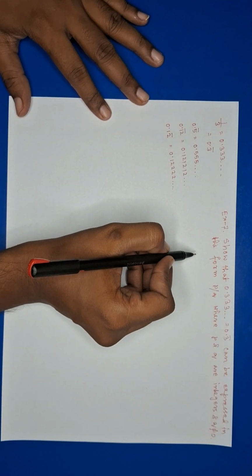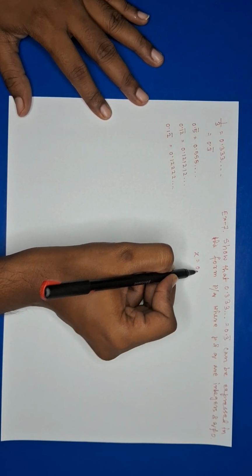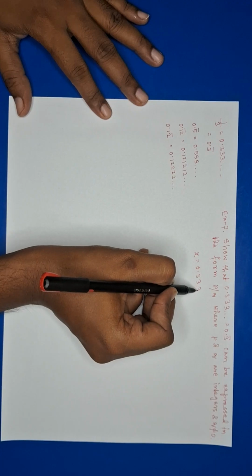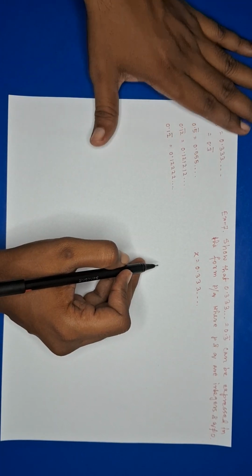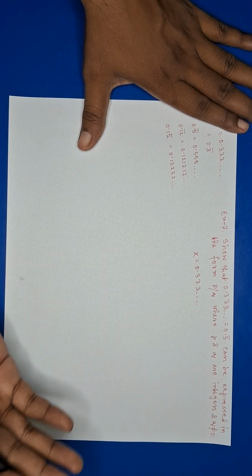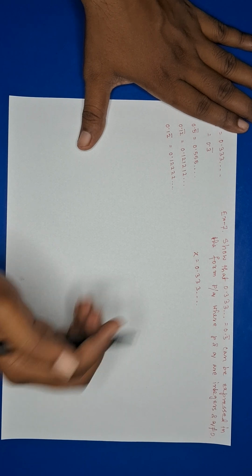Let us consider x is equal to 0.333 dot dot dot. Now we multiply both sides by 10.